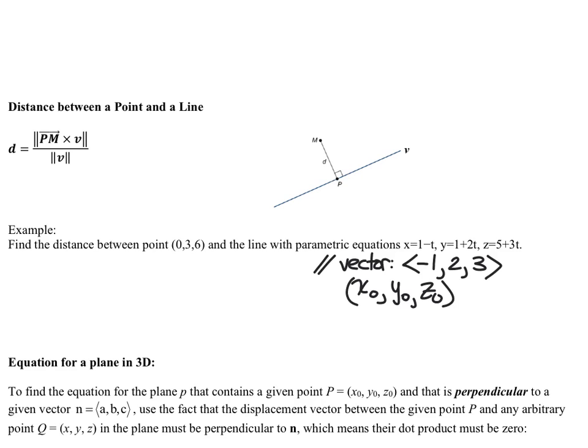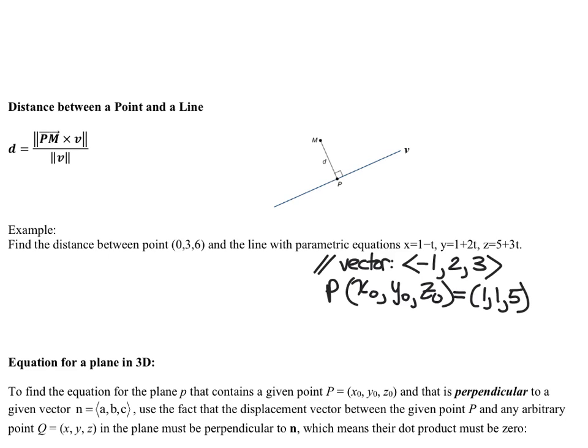The coordinate, which we're calling point P, is going to be equal to 1, 1, 5. Now my pen doesn't want to cooperate. All of that is information I'm pulling from the parametric equations.